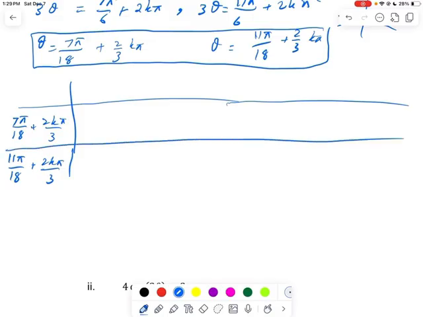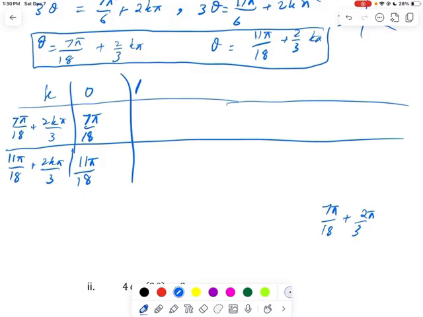So first let's take k is equal to 0. So this gives me 7 pi over 18, and this gives me 11 pi over 18. These are 2 angles. Now we go to k is 1. When k is 1, the first one is going to become 7 pi over 18 plus 2 over 3 pi.